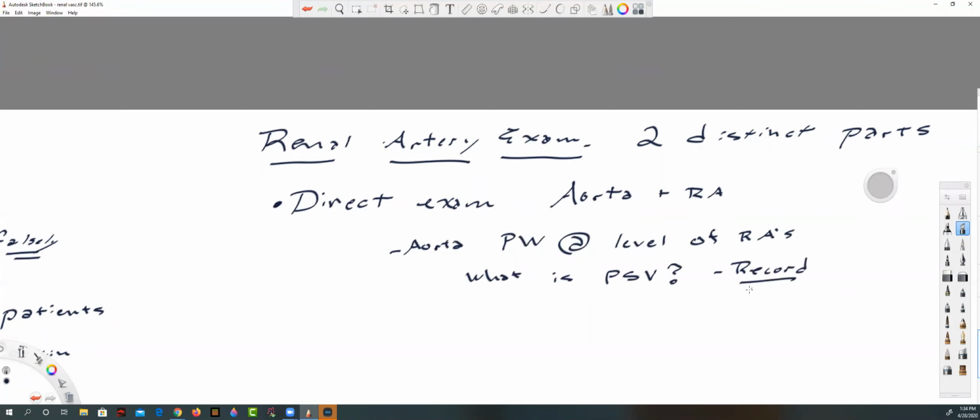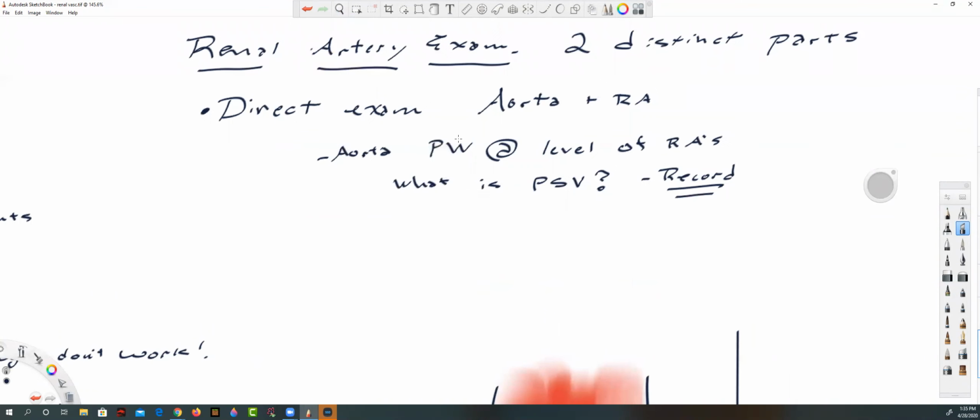All modern machines have a built-in worksheet. So if you record this correctly, you don't have to do any math at the end. And if you don't record it correctly, or you're using an older machine or a machine that's not properly set up, then the math is simply one value over another value. It's a renal artery divided by aortic artery. Not exactly hard math, but still, it's better just to have the machine do it for us.